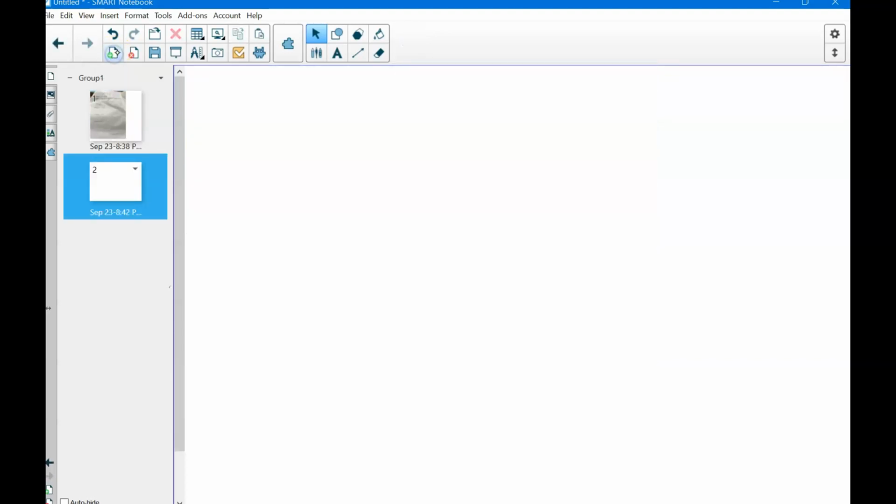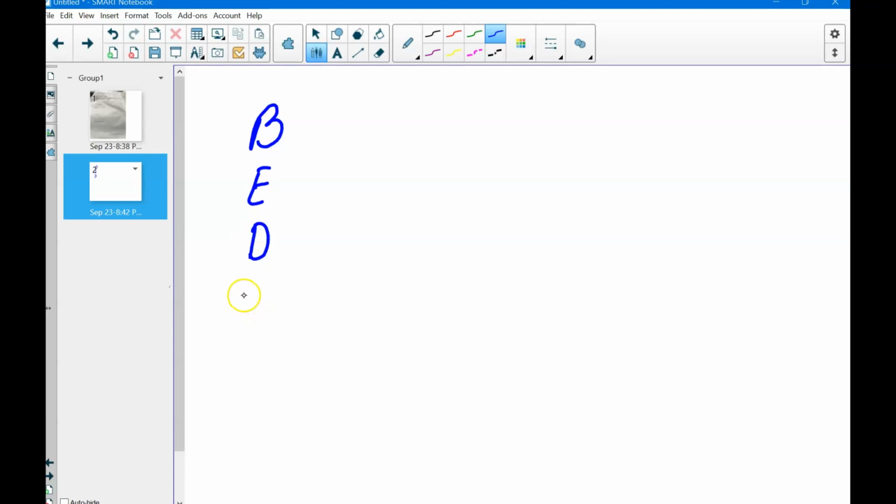Before we get started, I want to give a bit of background information. In math, as much as I hate to say it, there are some rules. And spelled out in a straight line is BEDMAS.